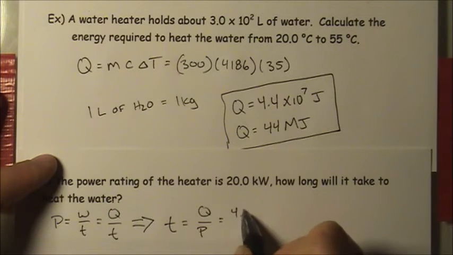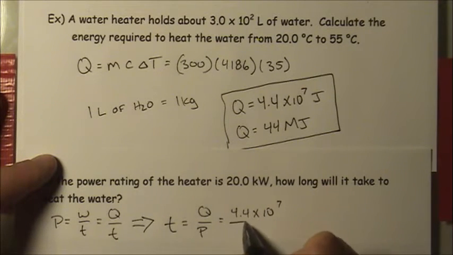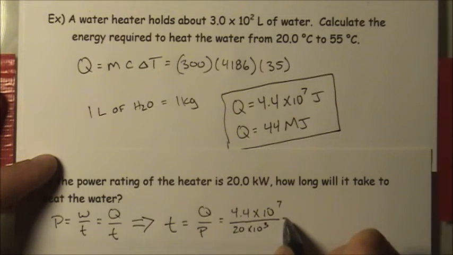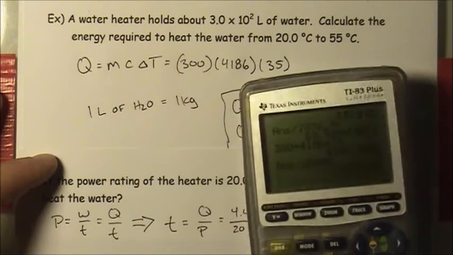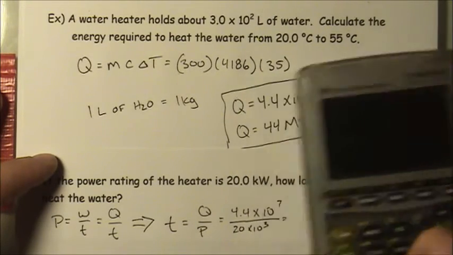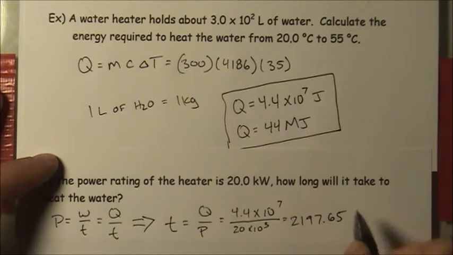So using the numbers from the previous calculation, that's going to be 44 megajoules divided by 20 times 10 to the 3. So I'm just going to keep the number that was in there, divided by 20,000, and that gives me 2197.65.